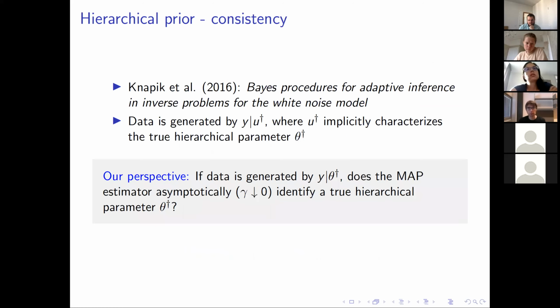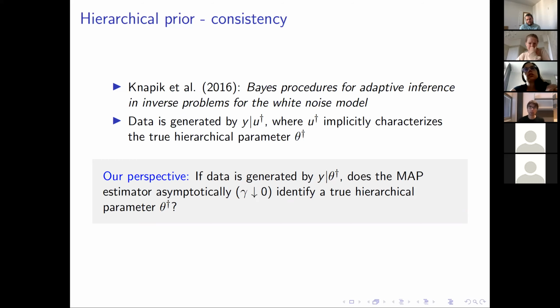And what does consistency mean for hierarchical priors? Well, there's a pretty recent paper by Knapik and others that studies Bayesian procedures for adaptive inference in inverse problems. Their take on this topic is that the data is generated by some ground truth U dagger, where U dagger implicitly characterizes, in their case, a smoothness parameter, which is hierarchical.